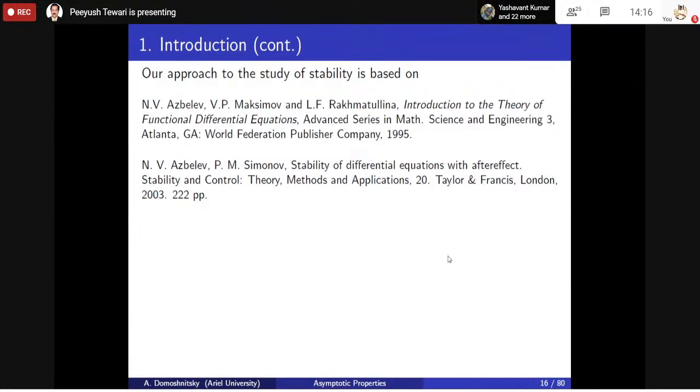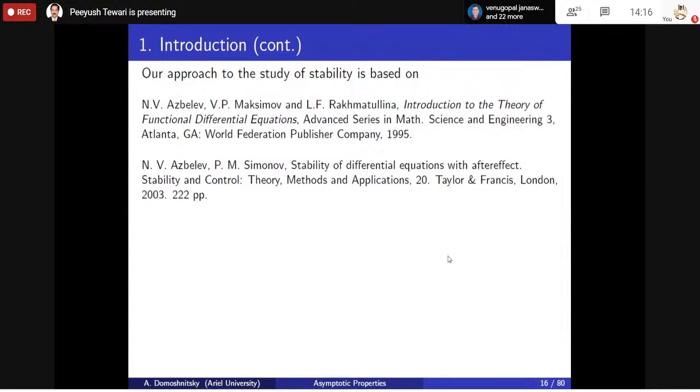Our approach to stability is based on oscillation, on non-oscillation properties of solutions. The concept of stability was proposed in the following two books of my supervisor, Professor Azbelev from Perm.